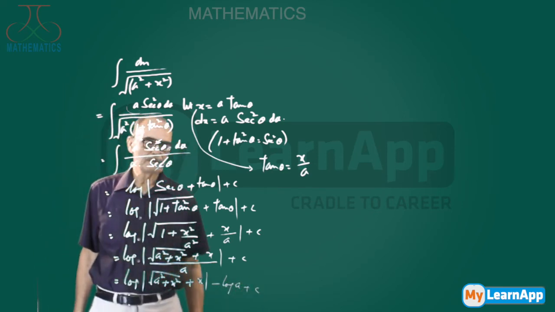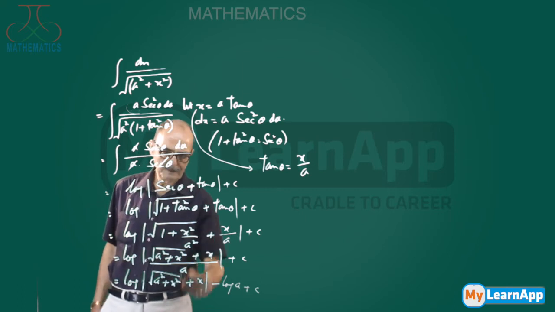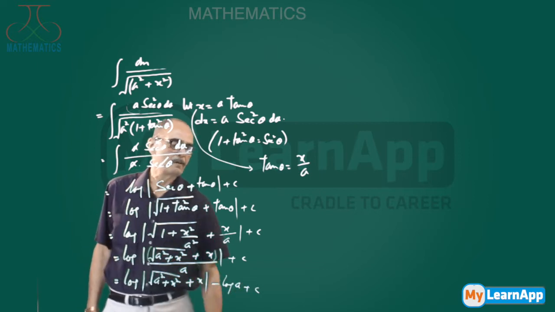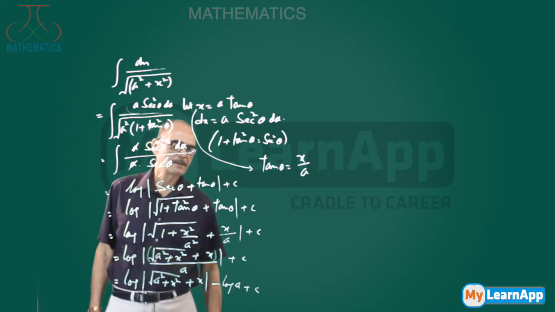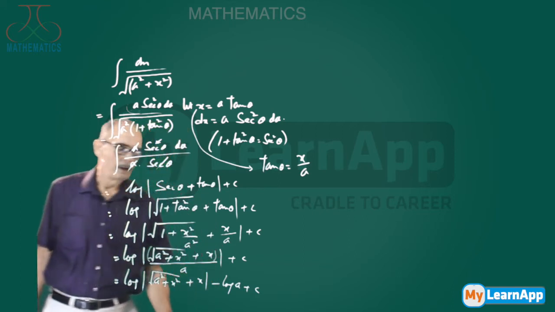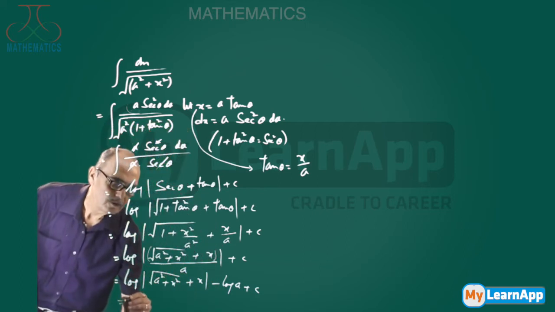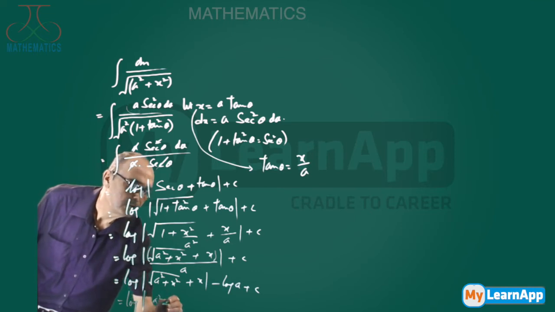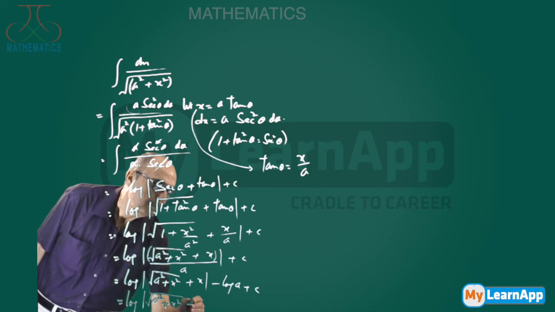We have made use of the formula log of m by n is log of m minus log of n, where n stands for a. Further, log of under root a square plus x square plus x.